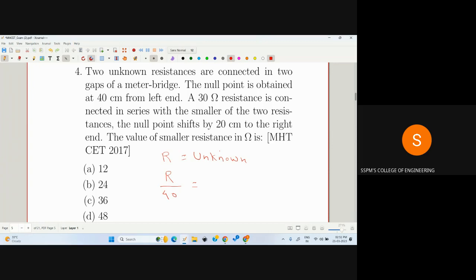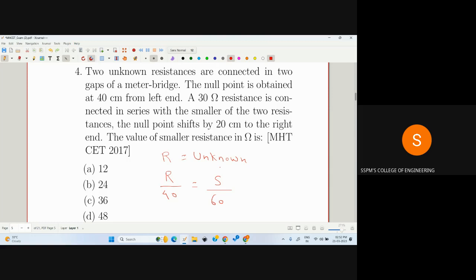As far as the first case is concerned, the condition for balance is R upon 40 is equal to S upon 60, where R is the unknown resistance connected at the left hand side, and S is also unknown but connected at the right hand side.